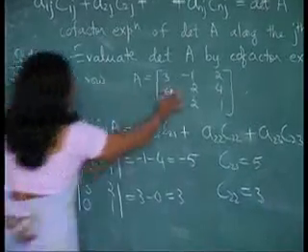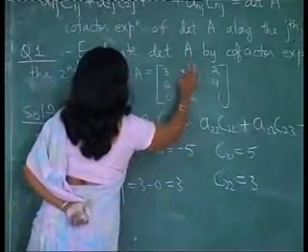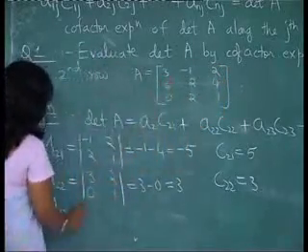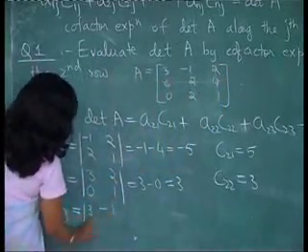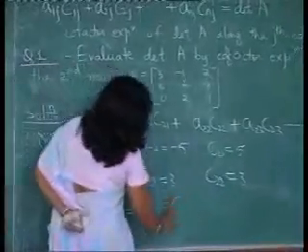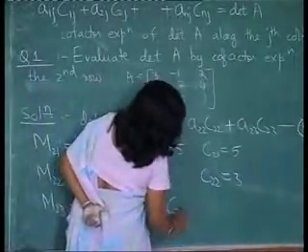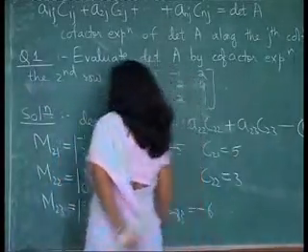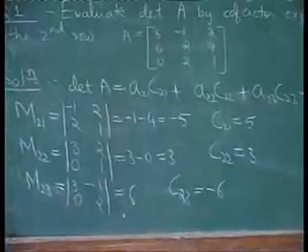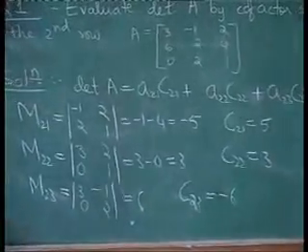Leave out the second row and the third column. So that gives us 3, minus 1, 0, 2. That is 6. And C23 will be minus 6.